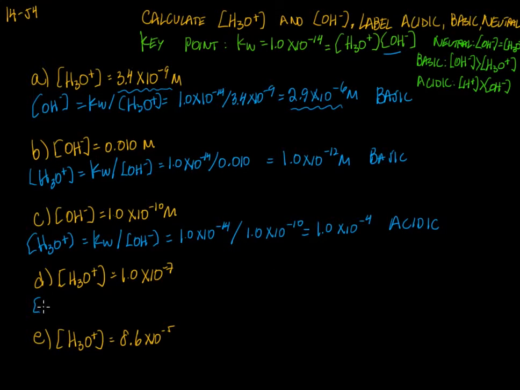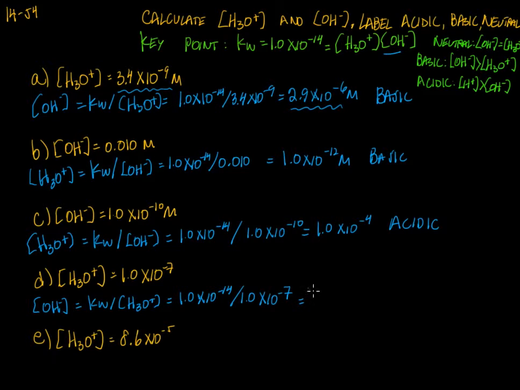Here let's solve for OH minus. This is equal to Kw over H3O plus concentration, which is 1.0 times 10 to the minus 14 divided by 1.0 times 10 to the minus 7.